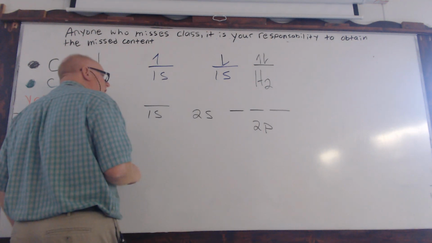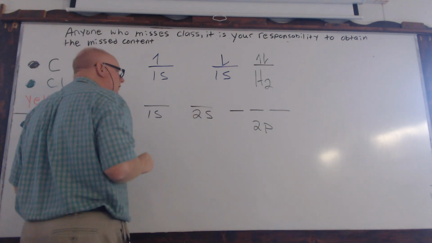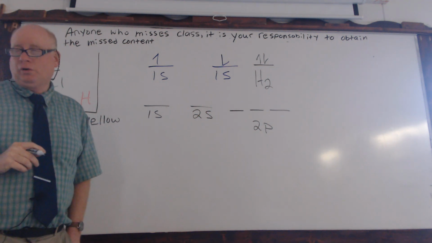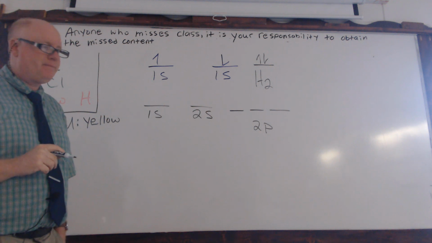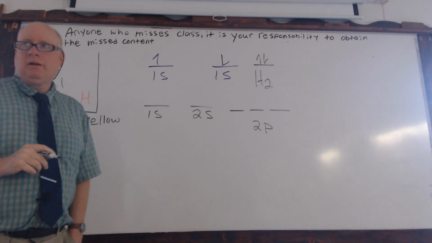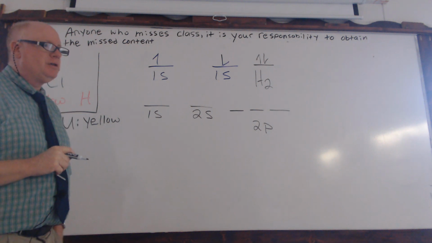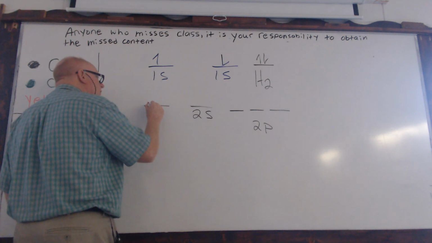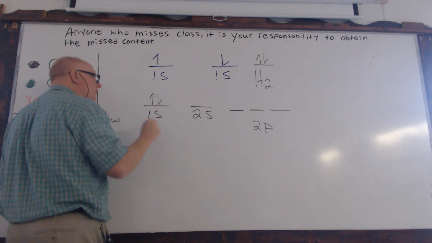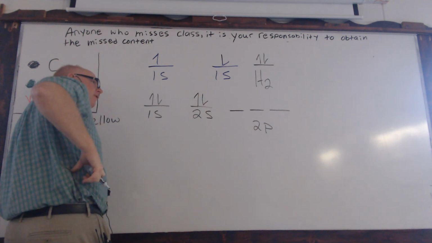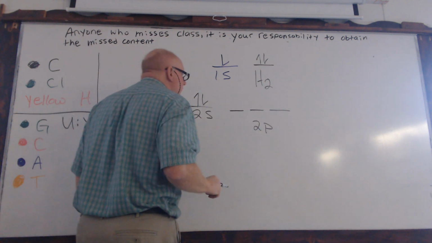So how many electrons are in a neutral atom of fluorine? 9. So then how many arrows are we going to have? 9. So that's pretty straightforward. So now we're up to 4, so we have 5 left.